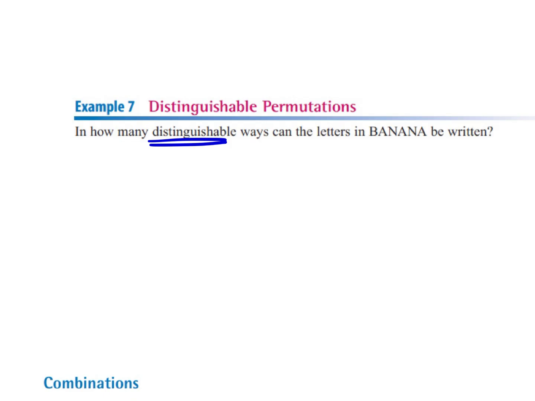When we have distinguishable, we do the total factorial over the repeated factorial. How many letters total do we have in banana? 1, 2, 3, 4, 5, 6. So 6. We have 6 factorial on top.